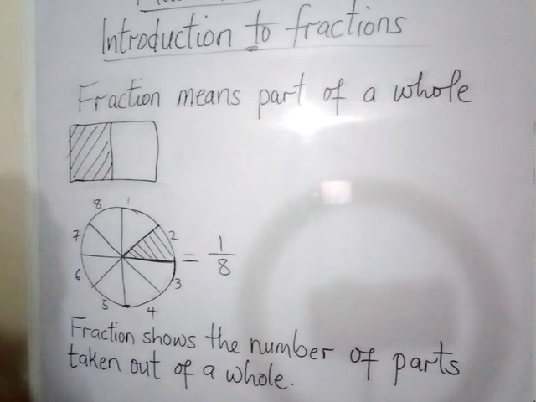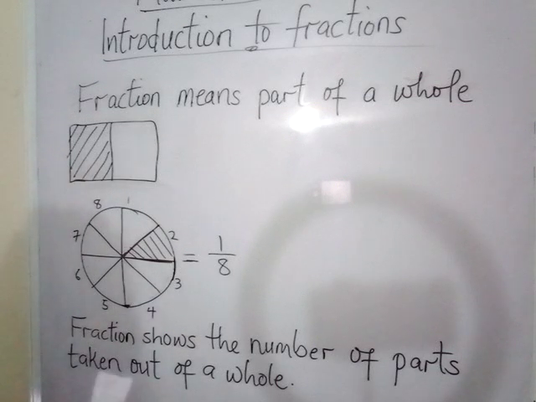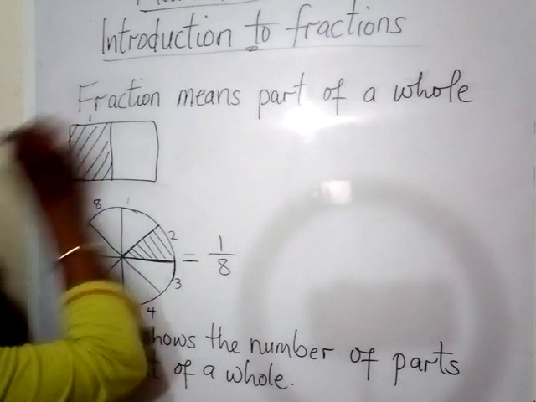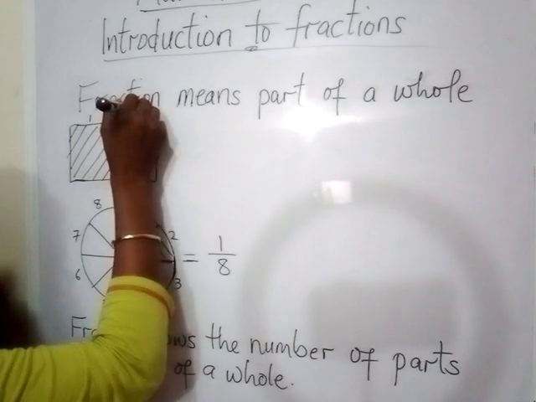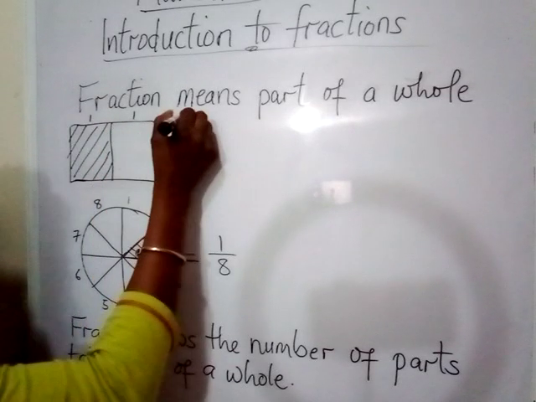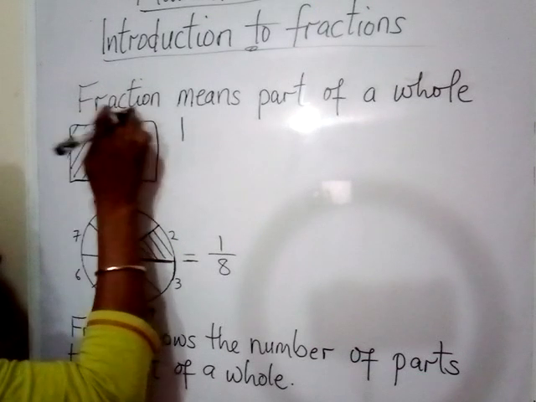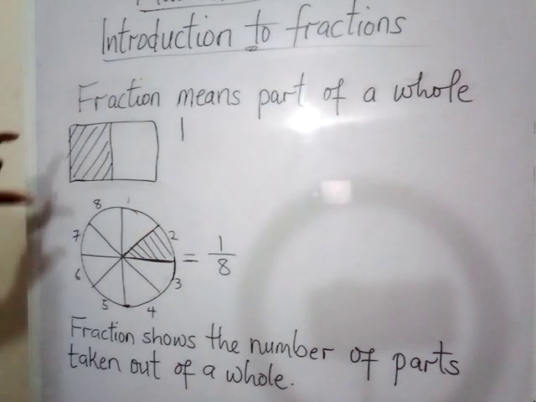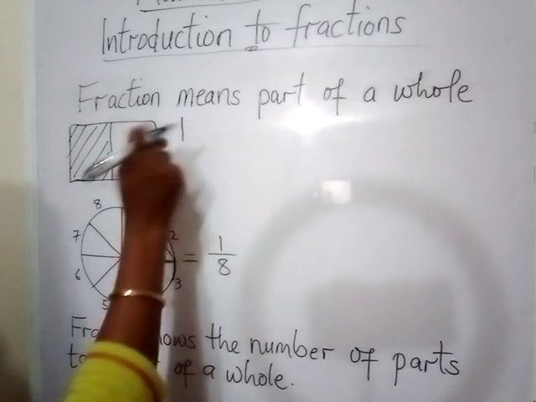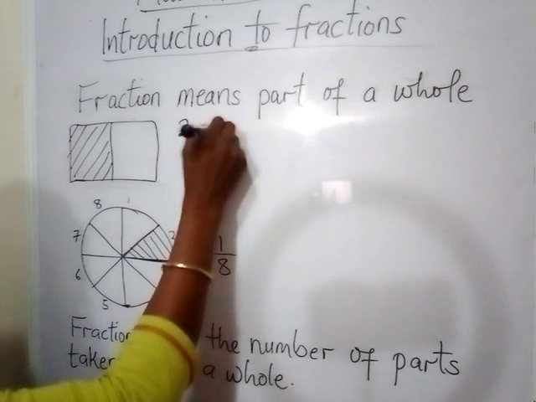So if they ask you to show this shaded portion, this is how it's going to be seen. Remember, this shaded part is one part and this is one part now. But the two parts combine to form the one that is complete. Now, the whole rectangle has been shared into two parts.